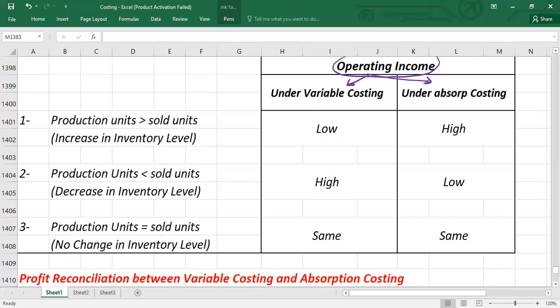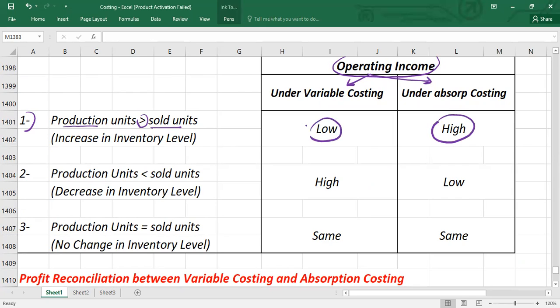So we have case number one here. What is case number one? When production units are greater than units sold. I mean to say, when production exceeds sales, in that scenario, guys, what will happen? Absorption costing will give you higher profit and variable costing will give you lower profit.